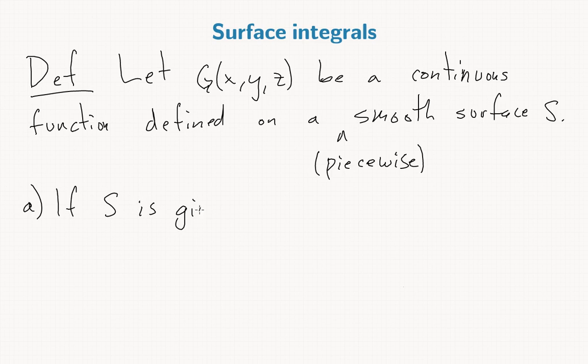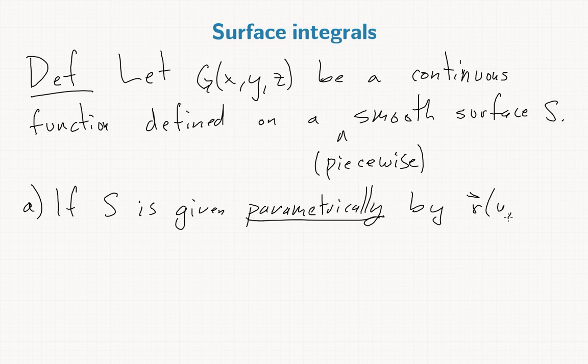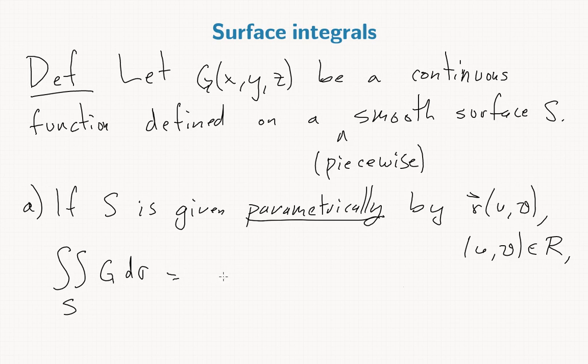So if S is given to us parametrically by r(u, v), where (u, v) is in some parameter domain R, then the integral of g over S is equal to the integral over R of g of r(u, v), so r(u, v) is a point of S, and so we can evaluate g on it.